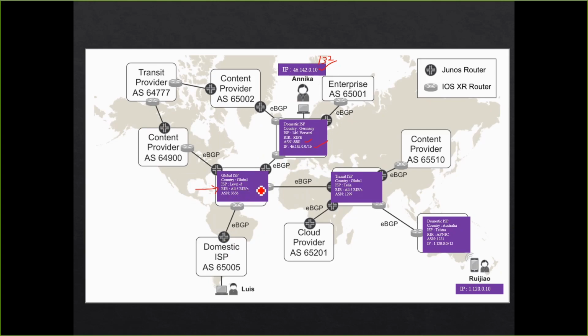And the most important thing you need to do is tell the global ISP that you own this block. So the global ISP needs to know what the global block is, this block 46.142.0.0/16. You need to tell the global ISP that you own this IP address. You make this announcement through the BGP protocol.